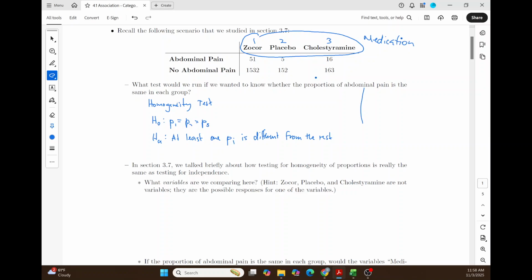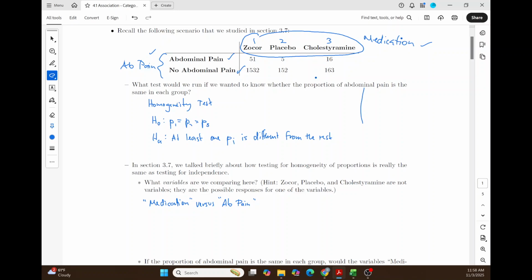The variable for whether or not they experience abdominal pain, we can maybe just call ab pain. And again, experiencing abdominal pain or not experiencing abdominal pain are just the different categories possible for the ab pain question. So really the variables that we're comparing are medication and ab pain.